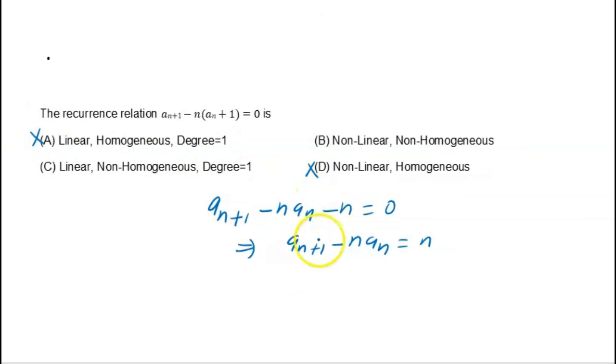Now, is it linear or non-linear? Clearly it is linear, because the power of a(n+1) is 1, and a(n) is also of power 1. So this is linear, non-homogeneous, and the degree is 1, because a(n+1) has been written in the form of just one of its previous terms. Are you getting this or not?